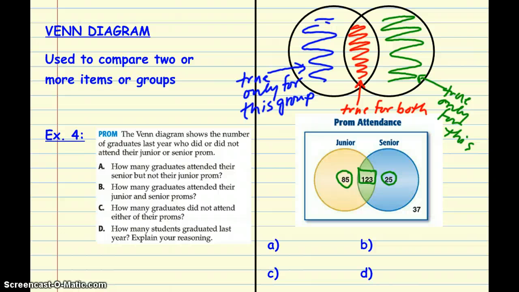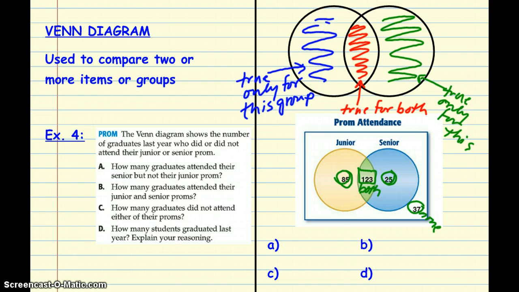Oops, sorry about that, my apologies. This is not that they didn't, this is that they did. So 85 went to their junior prom, 25 went to senior, 123 went to both, and then 37 would be where none of them went to.